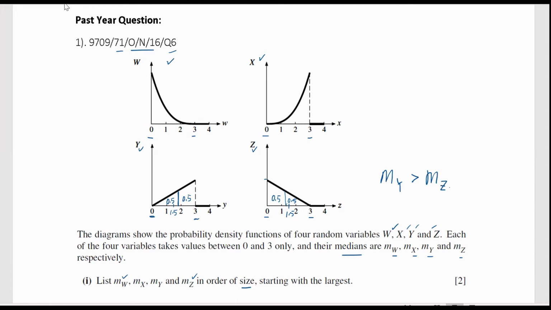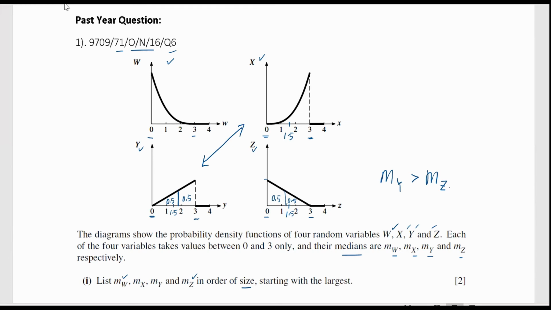Okay, then the problem is, how do we interpret the w and x? So you can see y and x are just the same type of graph, just that the y is a straight line, the x is a curve. So simply, if the value in the middle between 0 and 3 is 1.5, for this curve, the median will be shifted further towards the right, right?